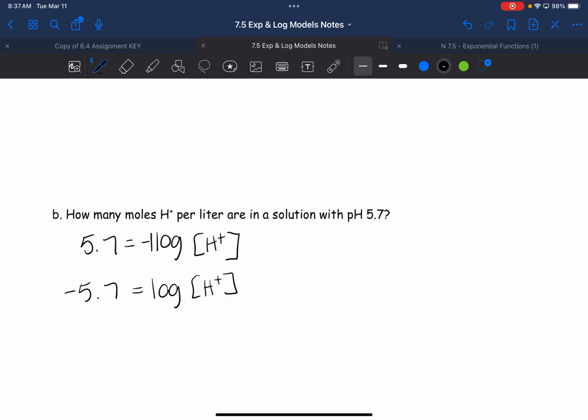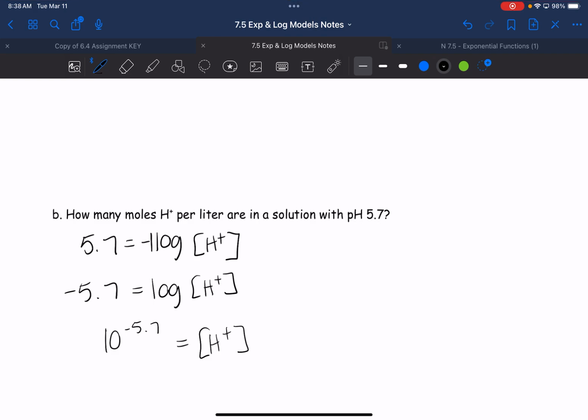Okay? And now I can rewrite this log as an exponential, right? What would that look like? Right, perfect. So we would just type that in our calculator, right? I believe it gives it to you in scientific notation, yeah.